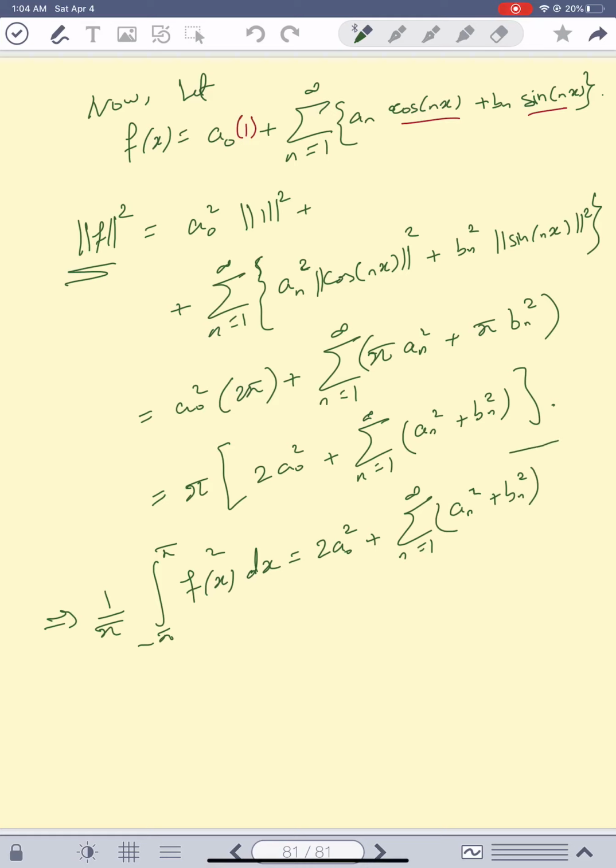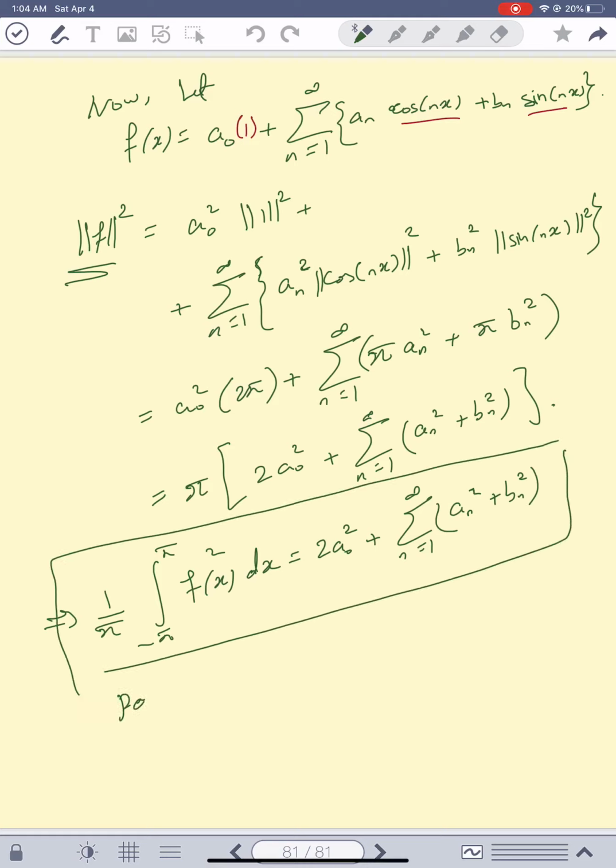If you look at this identity, this is exactly Parseval's identity. Of course, this is the real case, meaning my function is real and all my constants are real. What is the difference if we're dealing with C?